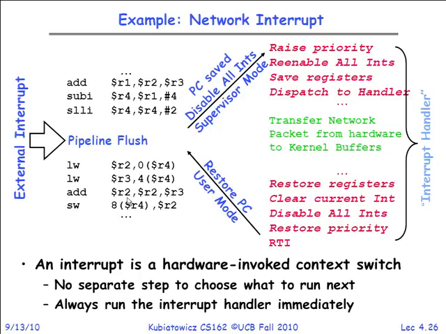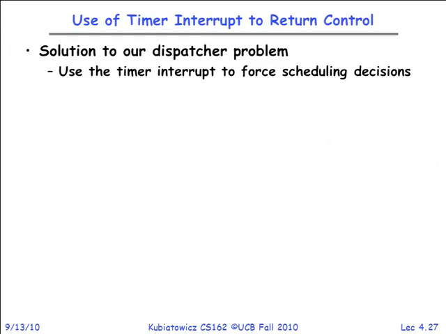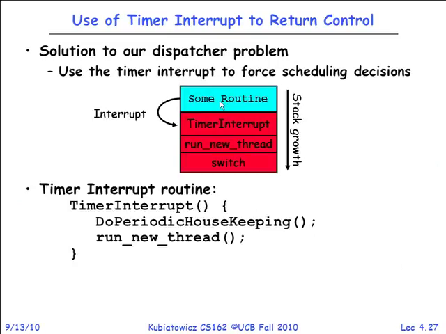Now, timer is basically the solution to our dispatcher problem. The timer forces the scheduling decisions. So in this case, we have some routine that's busy executing, computing pi without yielding. The timer interrupt code does what? It does run new thread switch. Okay, poof.